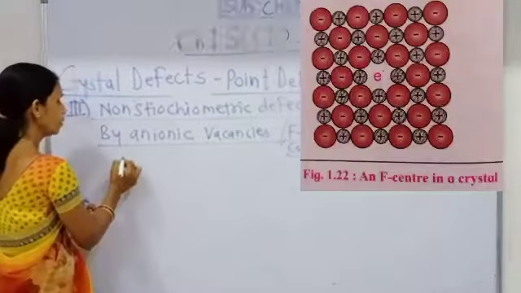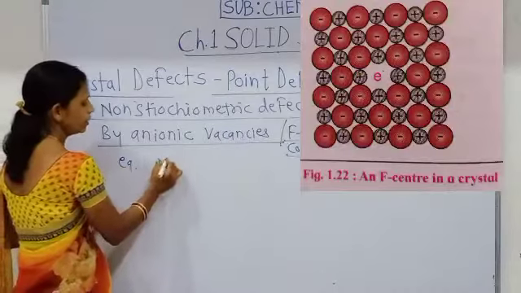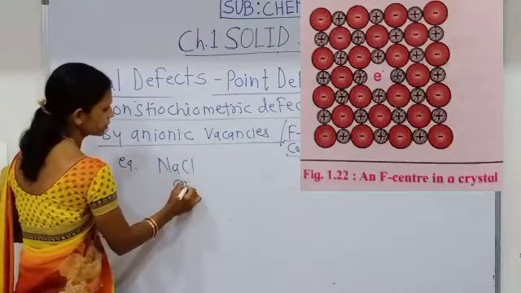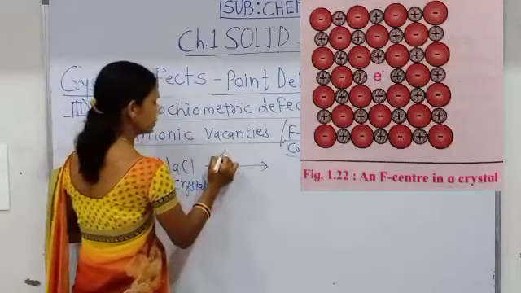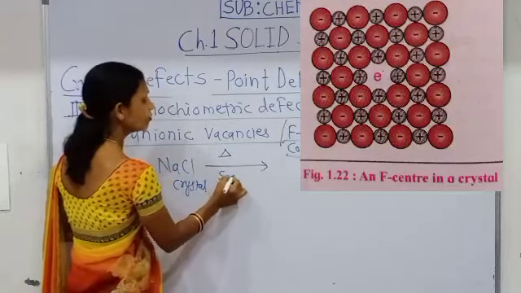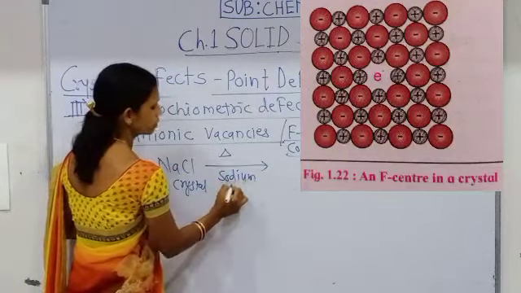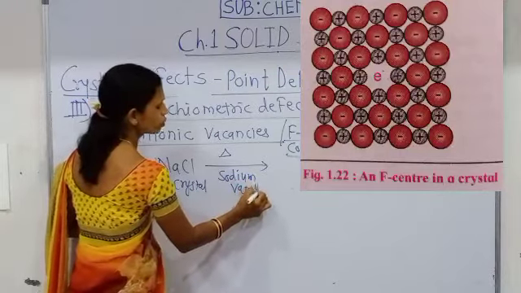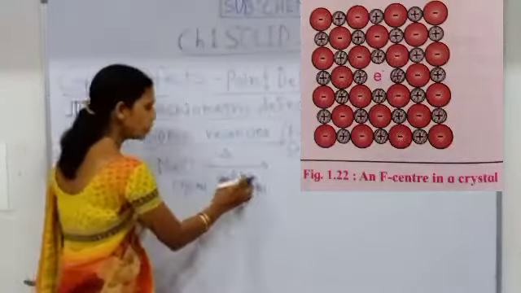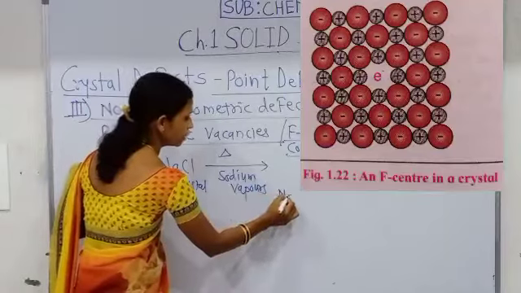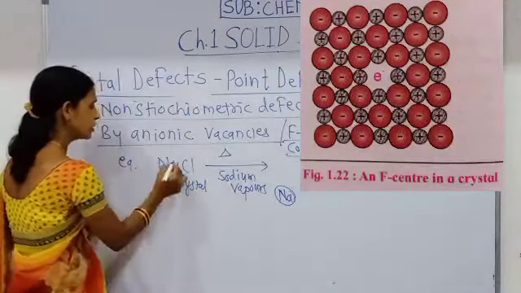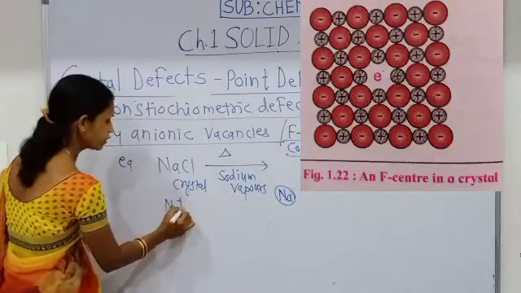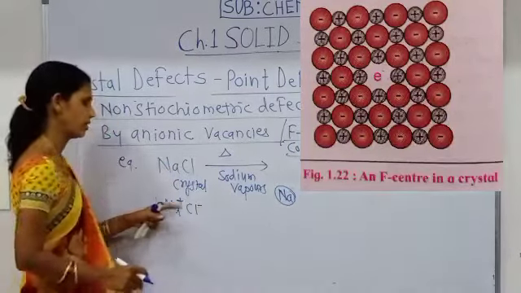For example, when NaCl crystals are heated in the presence of sodium vapors, the sodium vapors contain Na atoms, and NaCl contains Na plus and Cl minus ions.